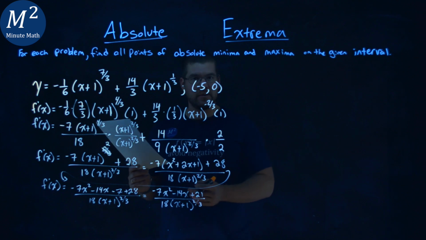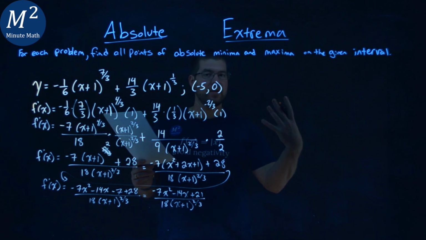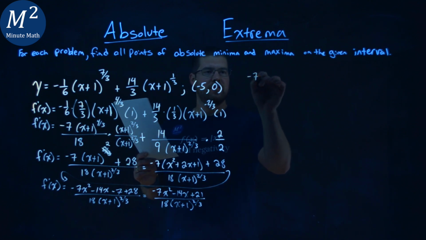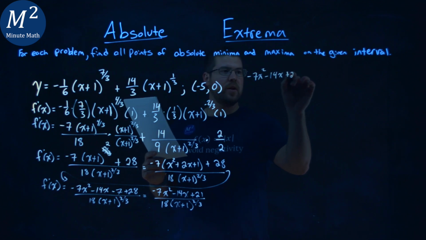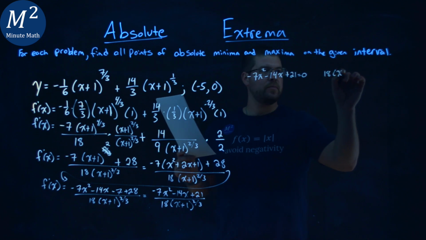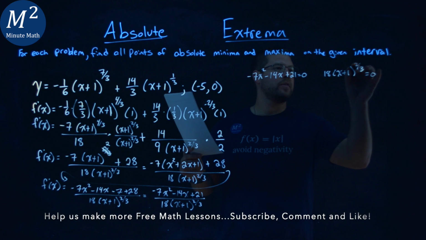We set the numerator and denominator each equal to 0. Numerator is when it's equal to 0, denominator where it's undefined. So we have negative 7x squared minus 14x plus 21 equal to 0, and then 18 times x plus 1 to the 2/3 power equal to 0.